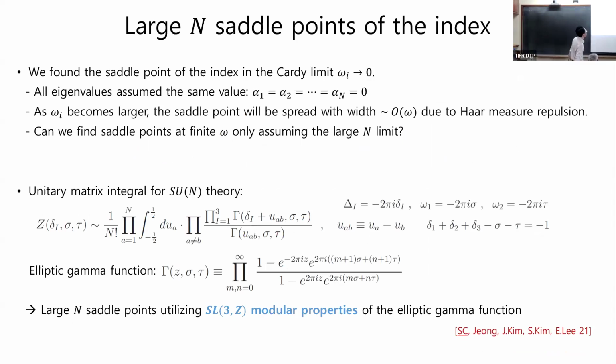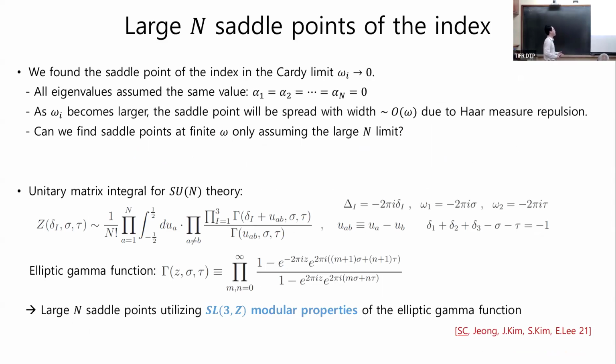But now we want to go beyond the Cardy limit. As omega becomes larger, as Shiraz said, the Haar measure repulsion becomes important, and these eigenvalues will be spread. Roughly, the width will be of order omega.